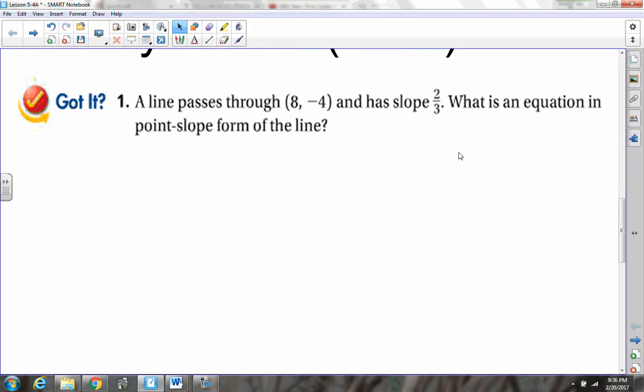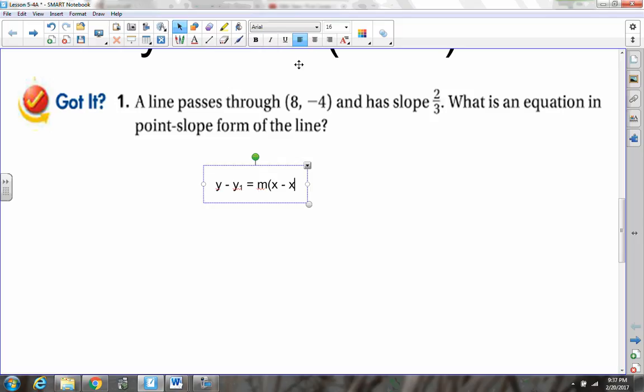The slope here is a fraction, not that that really matters. You're just putting it in front of those parentheses in place of m. So again, your general form is y minus y1 equals m times parentheses x minus x1.